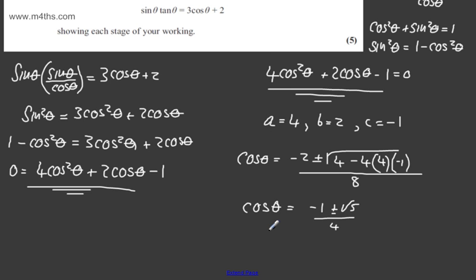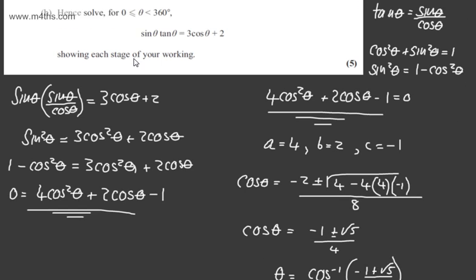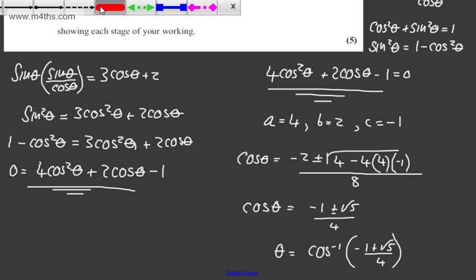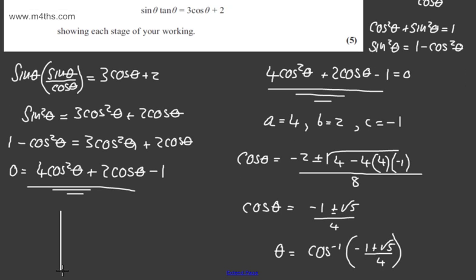So what we can say then is theta, and I'll take the positive, will be equal to the inverse cosine now of -1 plus the root 5 over 4. Now if we consider, we're solving here between 0 and 360 degrees. With the cosine curve, I'm going to have one solution, theta degrees in, and then 1 theta degrees back from 360.